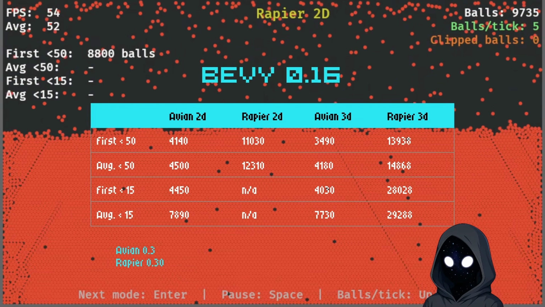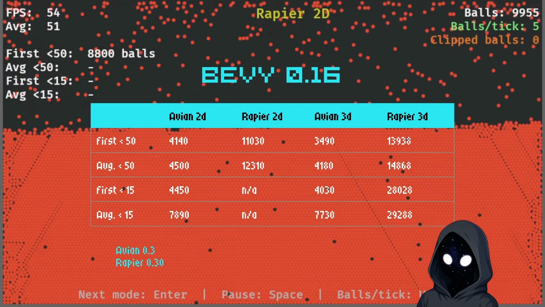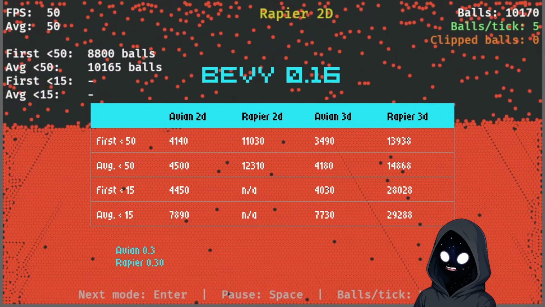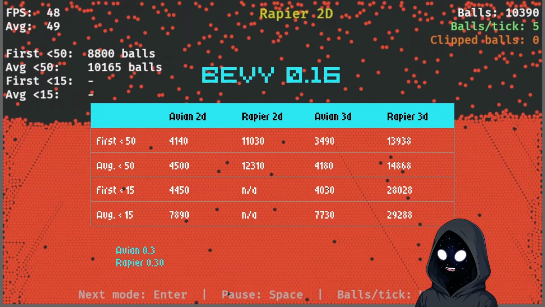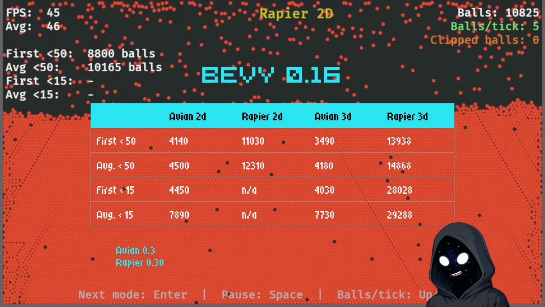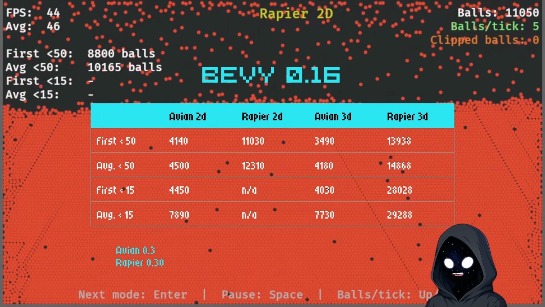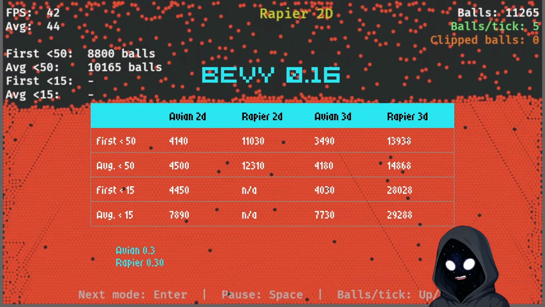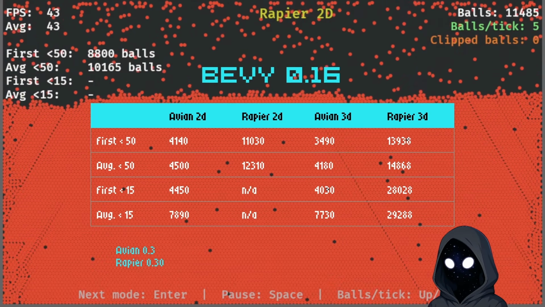Avian 3D gave us first below 50 at 3,500. At 4,200 we get the average below 50. And again similar value for first below 15, but average below 15 also very similar to the 2D variant, 7,700.